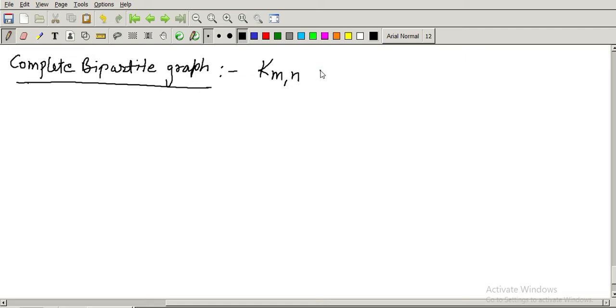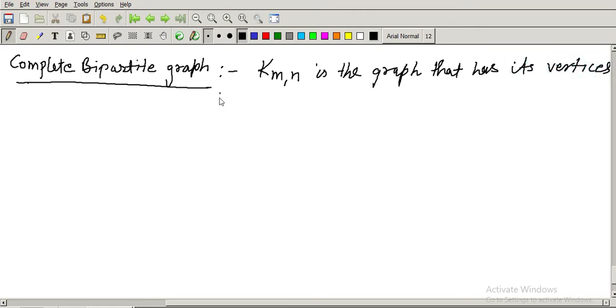It is the graph that has its vertices partitioned into two sets, like we have seen in the bipartite graph, in two sets V1 and V2.